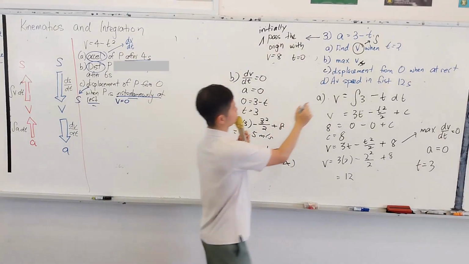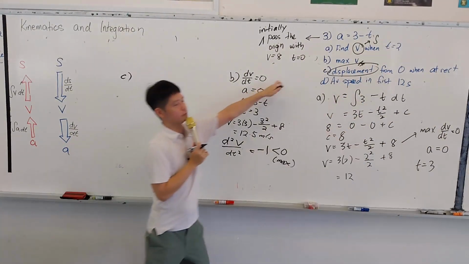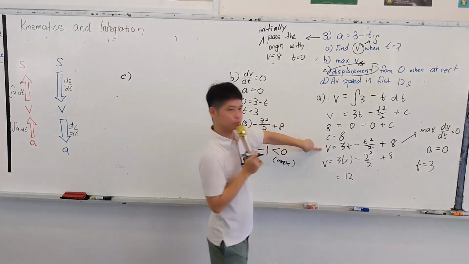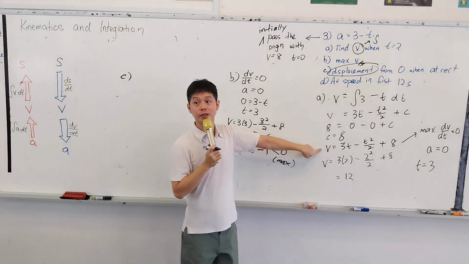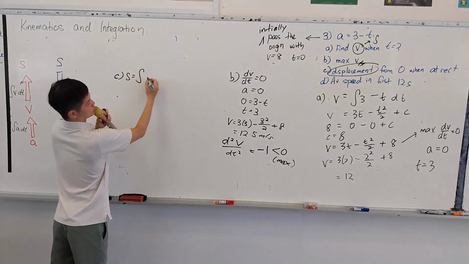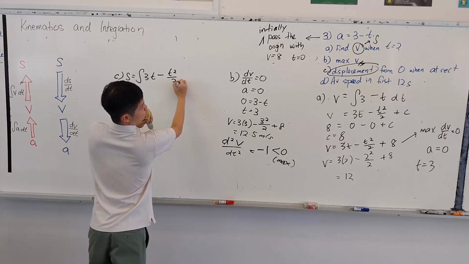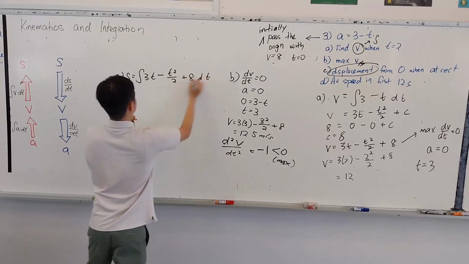I need to find displacement. Displacement is all the way at the top, right? So I need to integrate again. Let's integrate 3t minus t squared over 2 plus 8 dt. Okay, let's integrate.